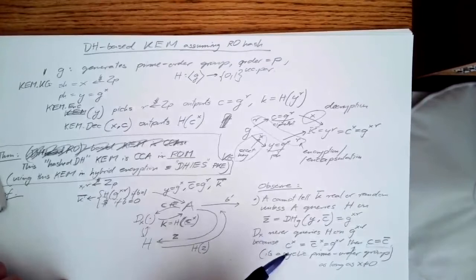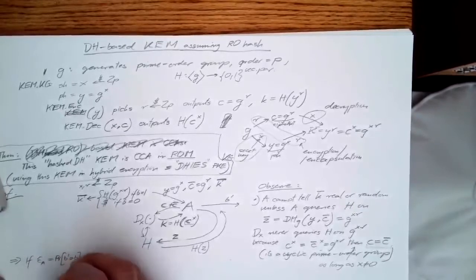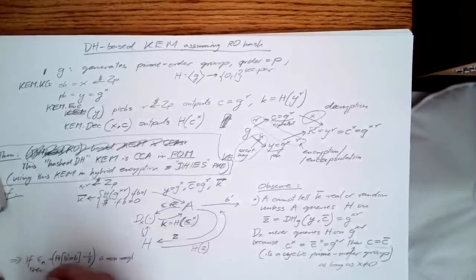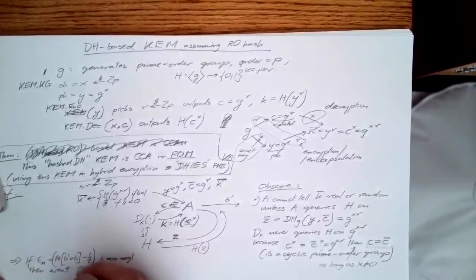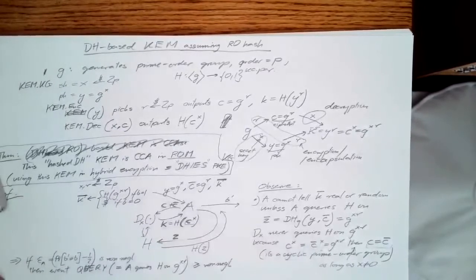So this implies that if the advantage of A, which is the probability B prime equals B minus the guessing probability, is non-negligible, then the event query, defined as A queries H on G to the XR, must be non-negligible as well.